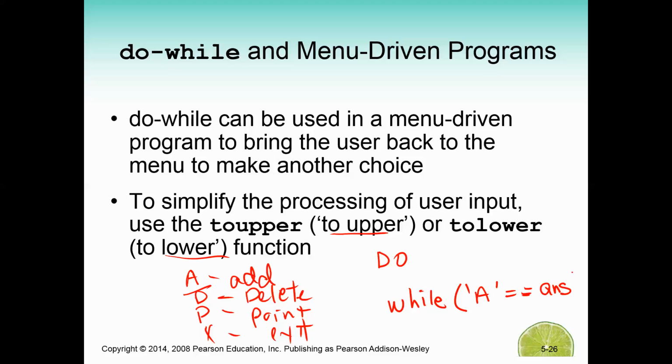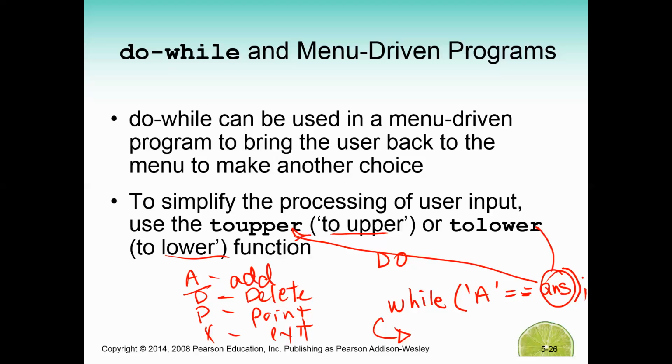And in the answer, they give me a lowercase a. What will happen here if they give me a lowercase a? Is that true or false? It will be false, right? So it will exit. What if I want to go back? So instead of putting answer as it is, as the user gives it to me, I can use the tolower or toupper.